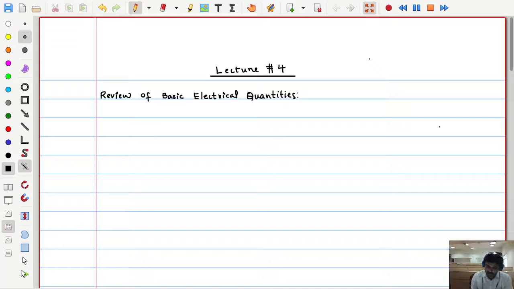So in the last sessions we were trying to introduce some basic electrical quantities. Let me start with the charge. We said that charge is bipolar in nature, so it may be plus q or it may be minus q. If it is minus q, we say that it is electrons.